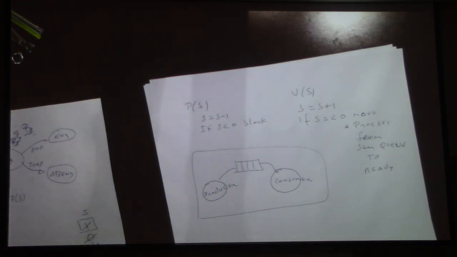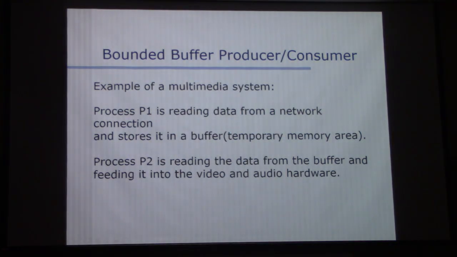Examples of a producer-consumer solution. In a multimedia system, P1 is reading data from a network connection and stores it in a buffer, a temporary memory area. And P2 is reading the data from the buffer and feeding it into the video or audio hardware. That's another example.